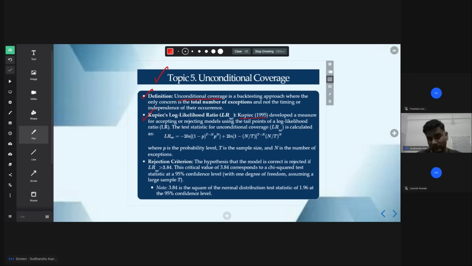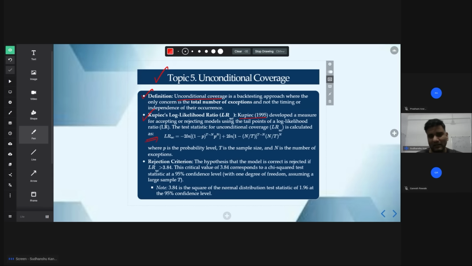The formula is given in front of you: 2 ln[(1-p)^(T-N) p^N] plus 2 ln[(1-N/T)^(T-N) (N/T)^N]. So p is the expected probability of exceptions, which is 1 minus the confidence level. T is the number of observations, N is your observed number of exceptions.